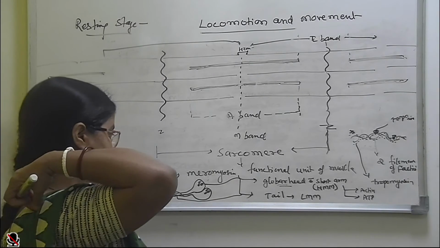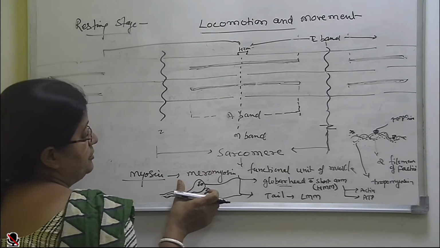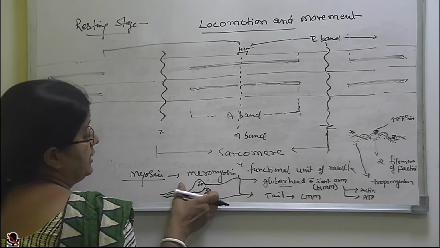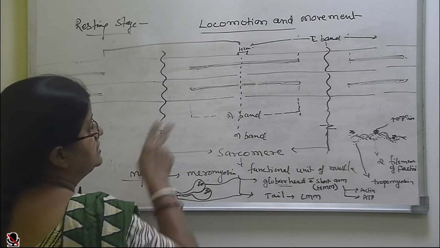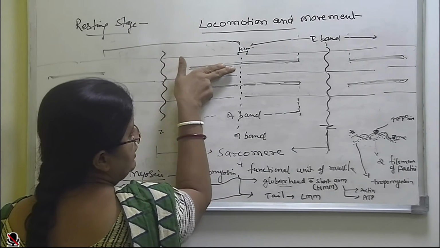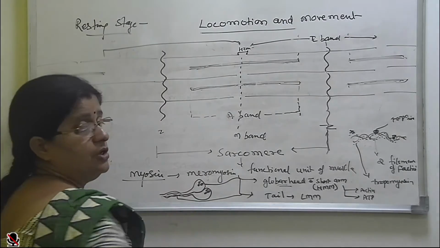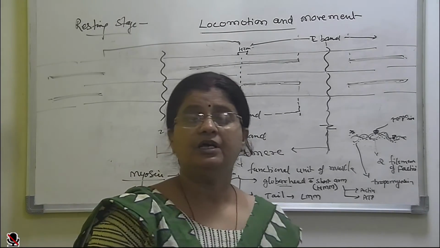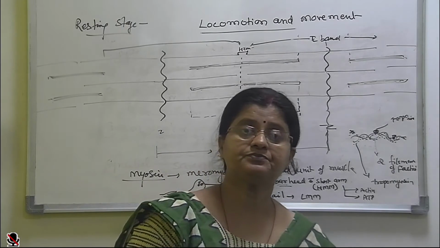Now I told you that this forms the cross links, the cross bridges, and they remain protruded outside. So when there is contraction, they make the cross bridges, right? Now let's see the mechanism of muscle contraction.